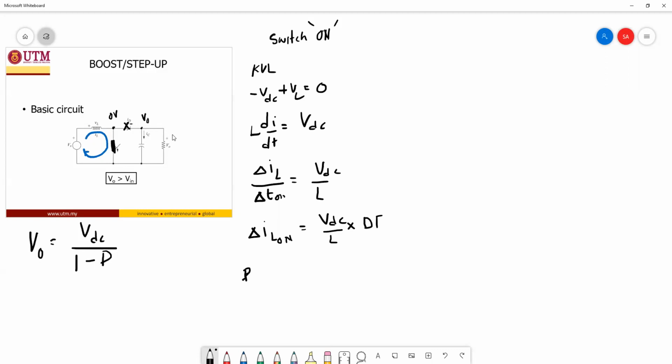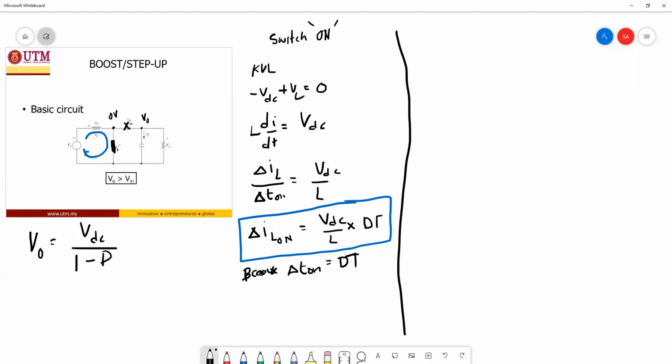Because delta T on is actually DT. So this is the important equation that we derive from the switch on. Next is the analysis during switch off.